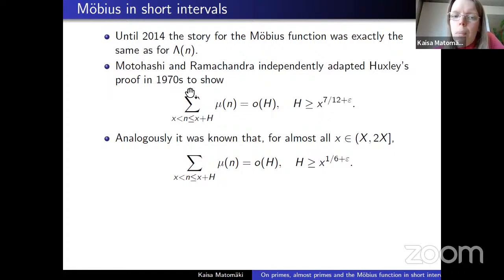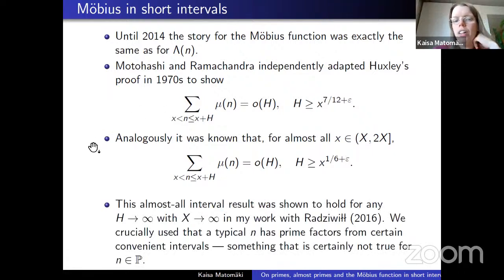So they showed that the Möbius function has average 0 for intervals of length x^(7/12+ε). So in those intervals, there's about the same number of numbers with an even number of prime factors as there are numbers with an odd number of prime factors. And similarly for almost all x, it was known that the average value of the Möbius function is 0 when the interval length is at least x^(1/6+ε).